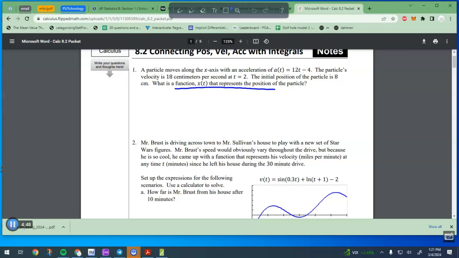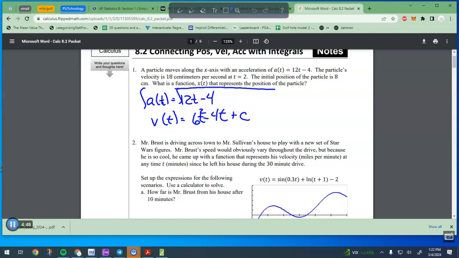Then I gotta integrate again, another c, and I find that c. So I have acceleration equals 12t minus 4. So if I integrate both sides, I will have that the velocity equals 6t squared minus 4t plus c.